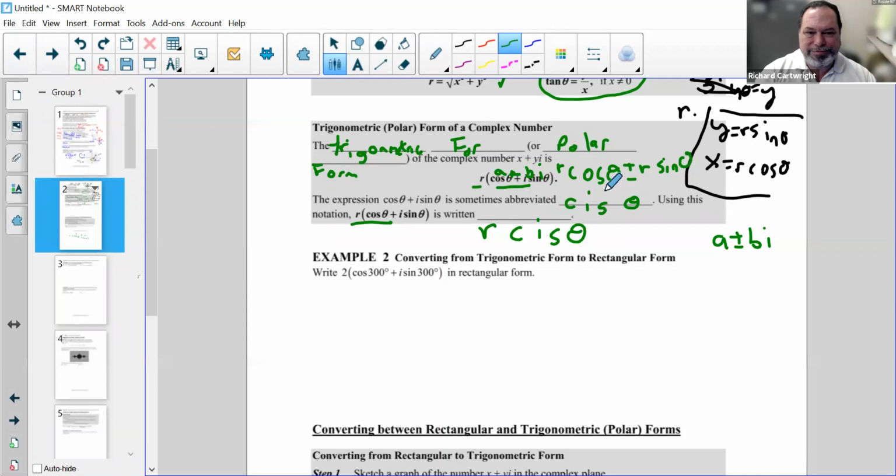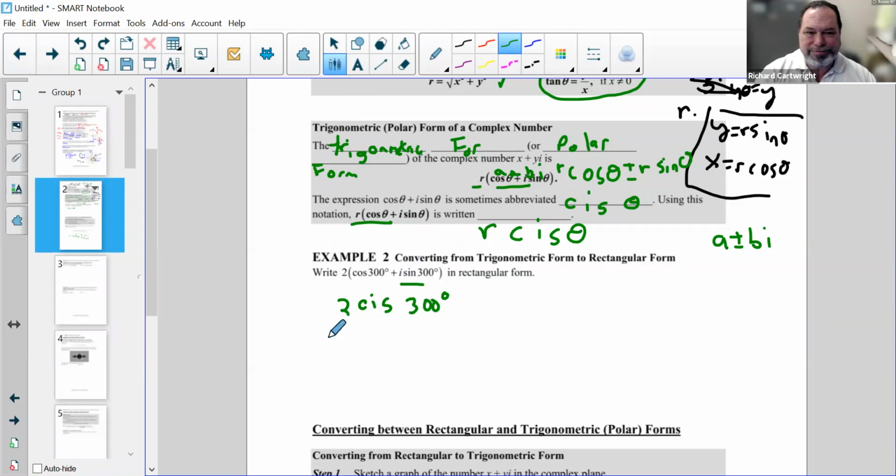Like if I'm looking at this right here, I'm just going to rewrite this. I don't want to write all of this. So I could just write 2 cis of 300 degrees. Because then that means cosine and the sine, and also the I is embedded in that part right here.